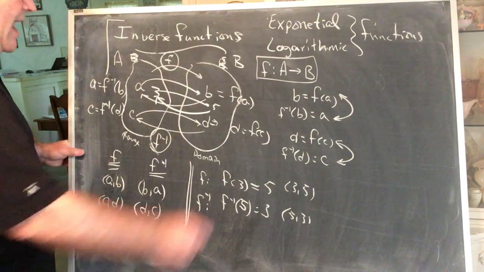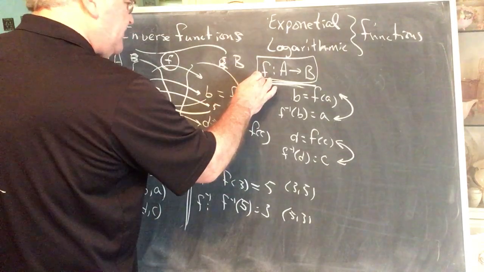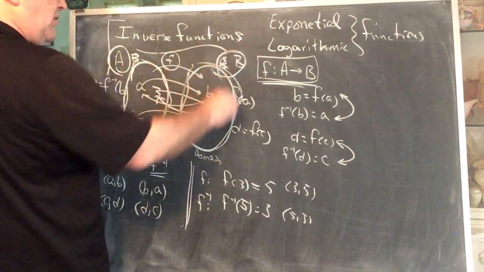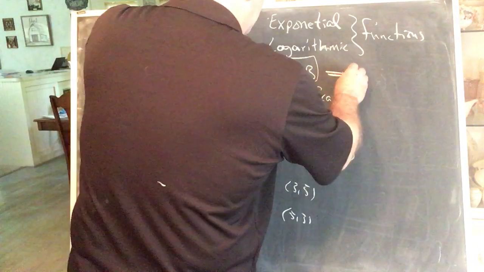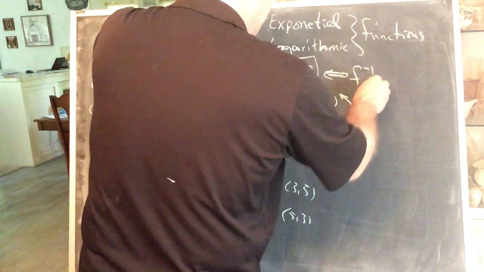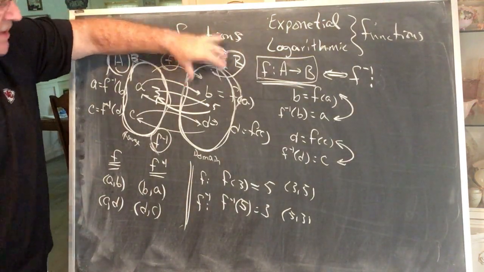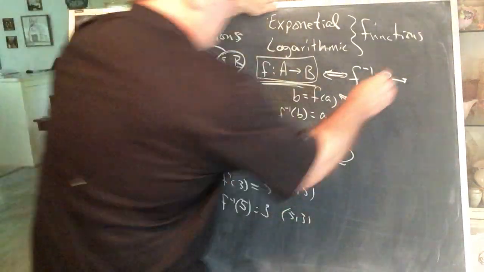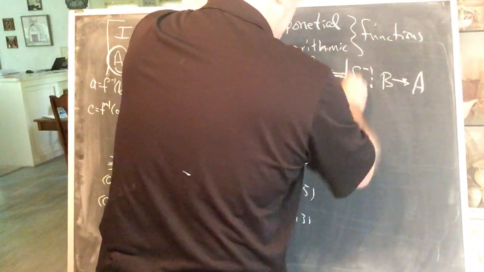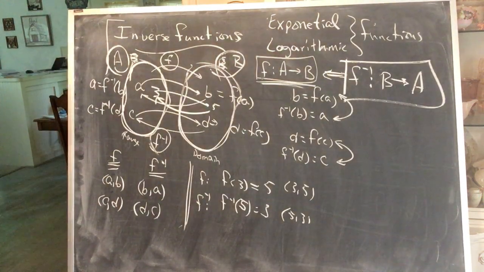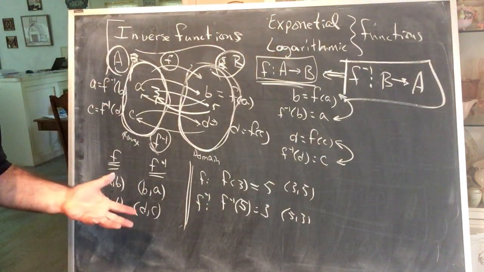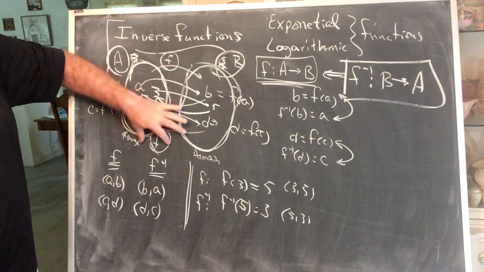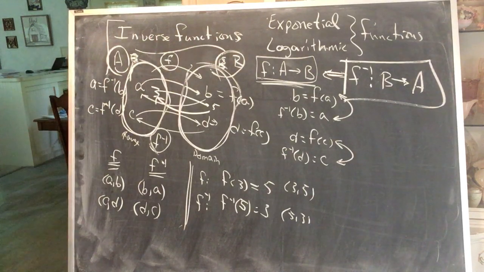Now, we have one last little piece here. If A is the domain and B is the range for f, then what do we know about f inverse? F inverse takes this set as the domain and maps it to this set as the range. Roughly speaking, in an offhanded way, we say for a function and its inverse, the domain and range switch places.